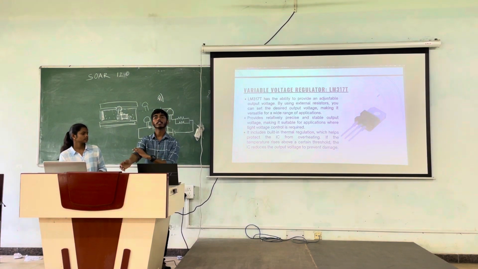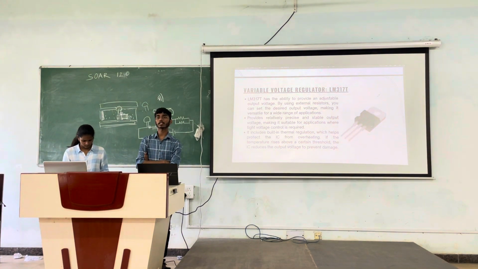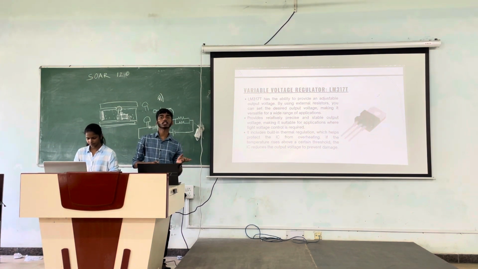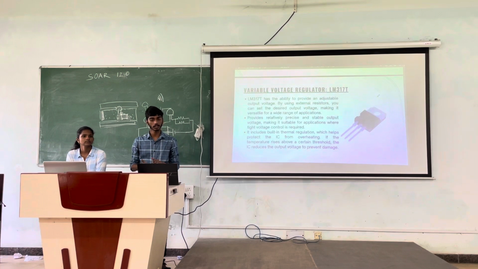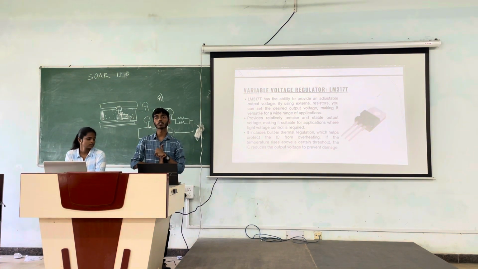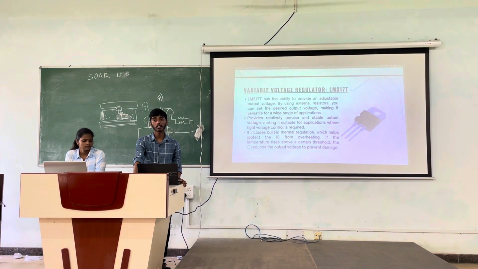So we had fixed voltage regulators. We cannot use the 7805 voltage regulator IC to get an output voltage of 6 volts, 7 volts, or 8 volts according to our requirement. So what if we want an output voltage according to our need? We are using the LM317 IC here, which we can use to get a variable voltage according to our need.